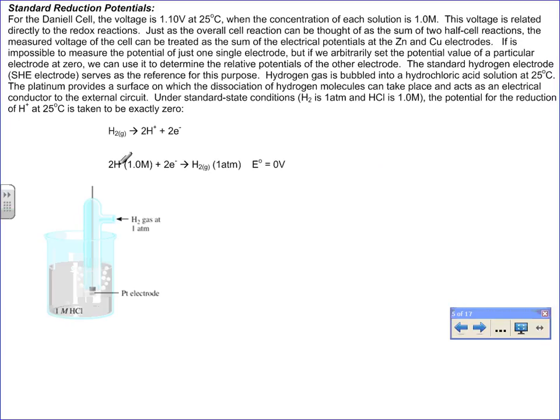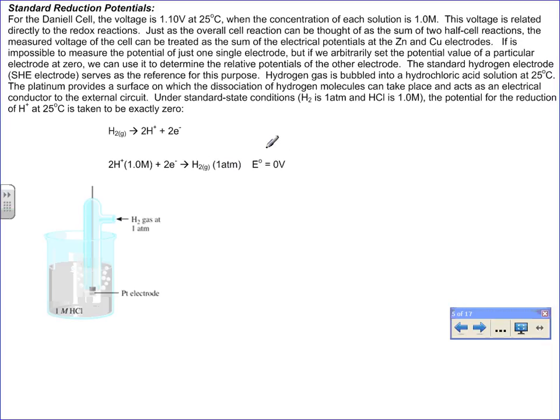The reduction reaction that would occur is the H+ gaining electrons to form hydrogen. This is the example where we would need an inert electrode, so we use a platinum electrode, and we've got a hydrochloric acid solution and we bubble hydrogen gas through it. Much like in all the other scenarios, we've got both substances available in the half cell. This is how we look at it as an oxidation, and this is what would occur if it was a reduction reaction.